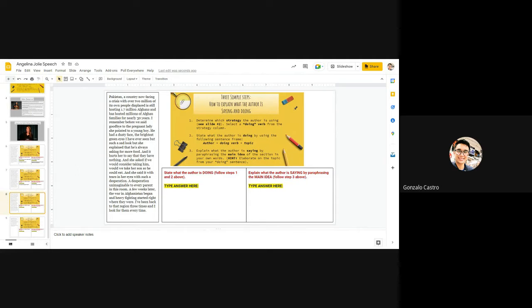And then from step 2, you want to insert that doing verb that you have selected into that doing statement. Make sure that for the topic, it's a short phrase about the section. And lastly, for step 3, you want to elaborate on the topic by paraphrasing the main idea of the section in your own words on the right side.